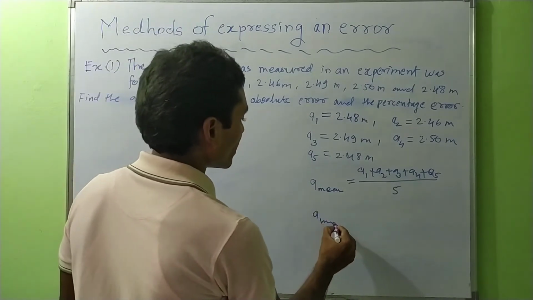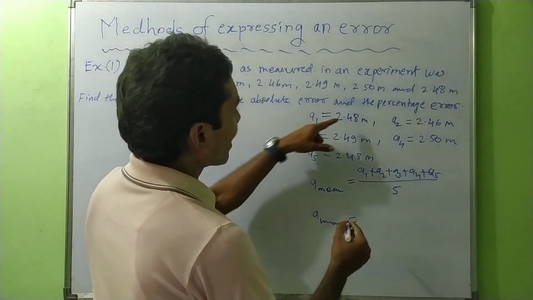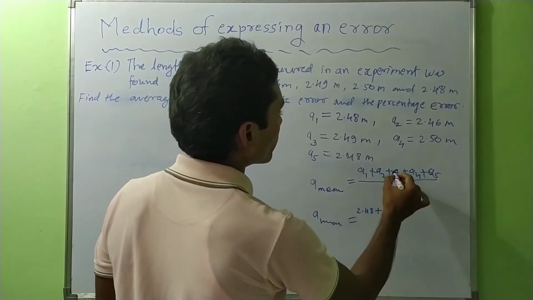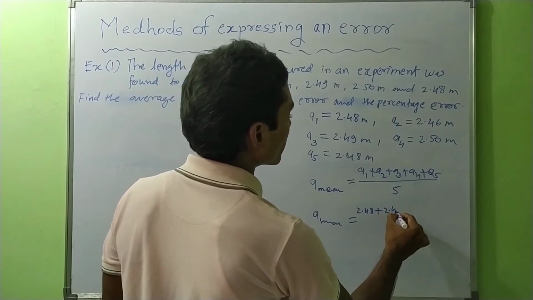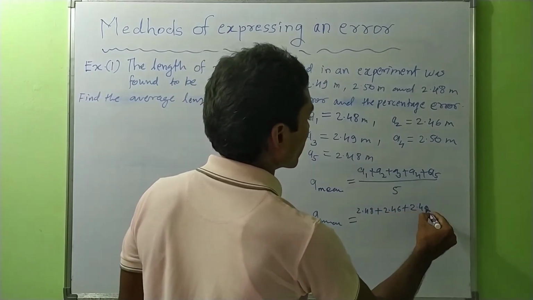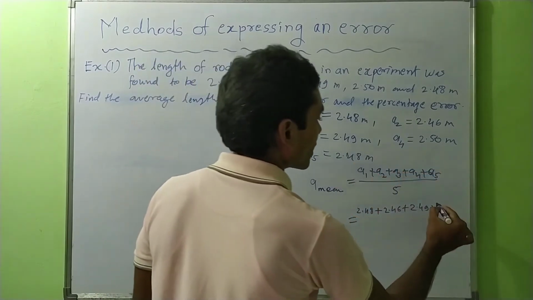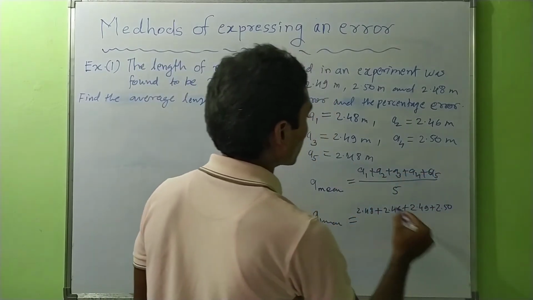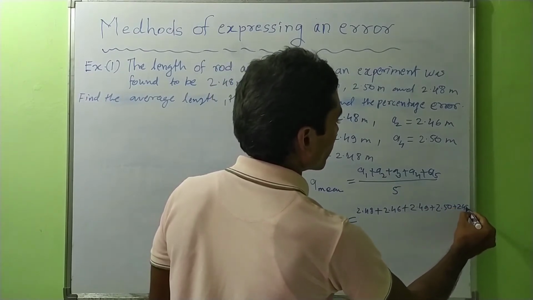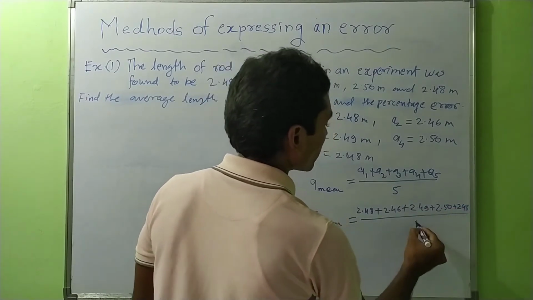A mean will be equal to the value of first, 2.48, plus value of second, 2.46, plus value of third, 2.49, plus value of fourth, 2.50, and the value of fifth, 2.48, upon 5.